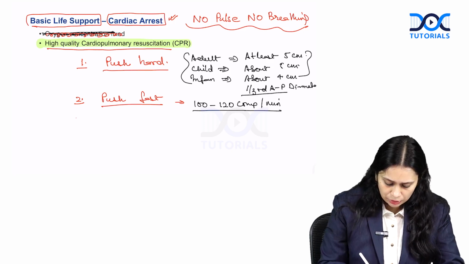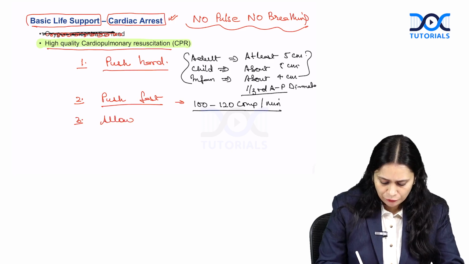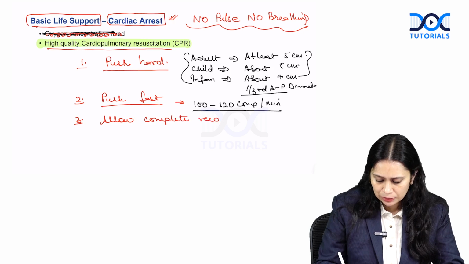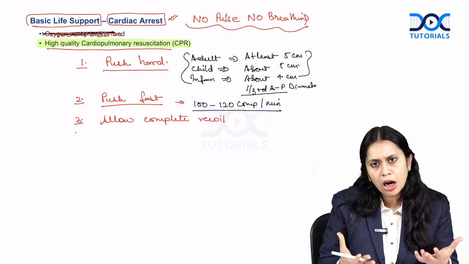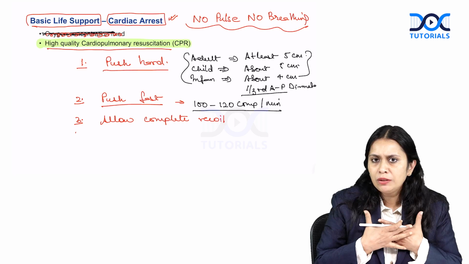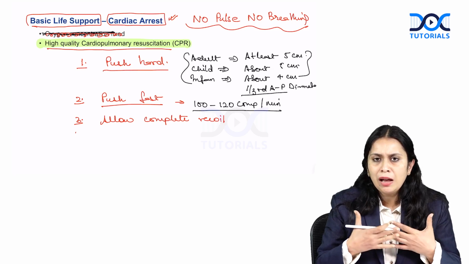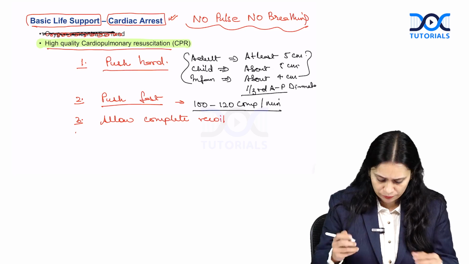Third is allow complete recoil. Otherwise, the heart will not get refilled, and the next compression will be a useless, futile compression, which will not maintain any perfusion.